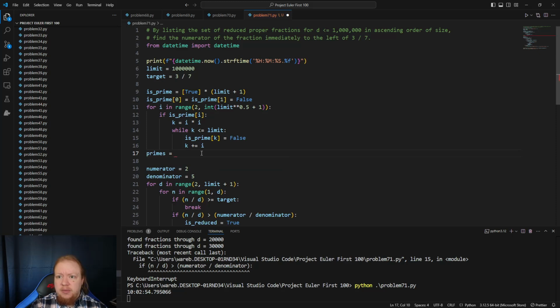So then I can make a primes array. And I'm going to try to do this in one line using a list comprehension.